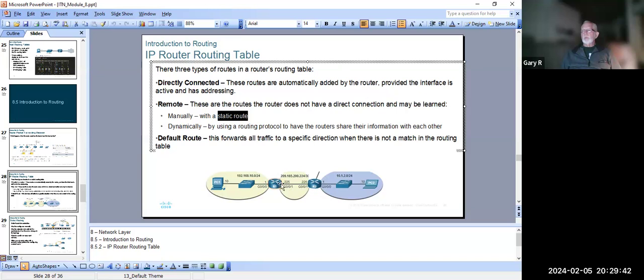So what you could do is have a default route here that says, if you don't know where to send it, in other words, it's not in your routing table, send it there. And then this router would have a default route that says, if you don't know where to send it, send it out that way. So default routing is a very important part of routing. Not hard to configure, but extremely, extremely important to get right.